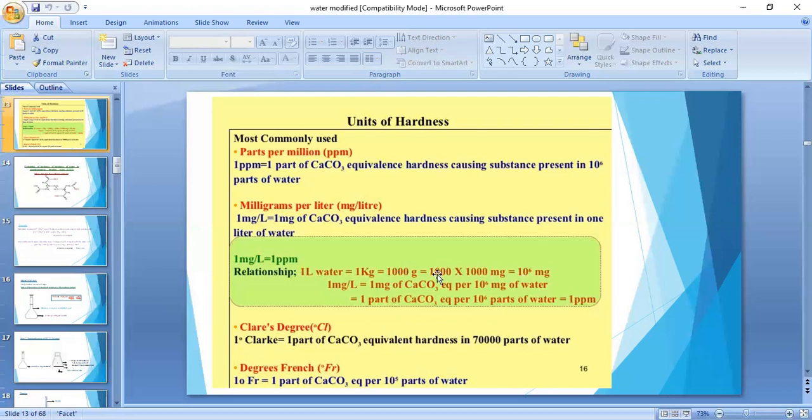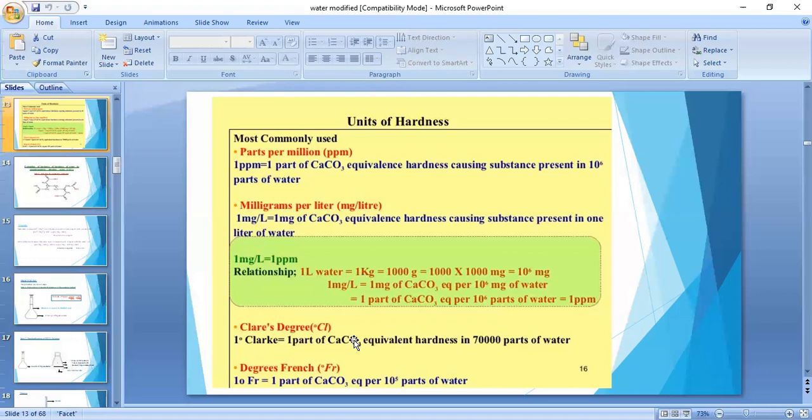So 1 milligram per liter is equal to 1 milligram of CaCO3 equivalent hardness present in 1 liter of water. If 1 liter of water contains 1 milligram of CaCO3, then it is called a milligram per liter.